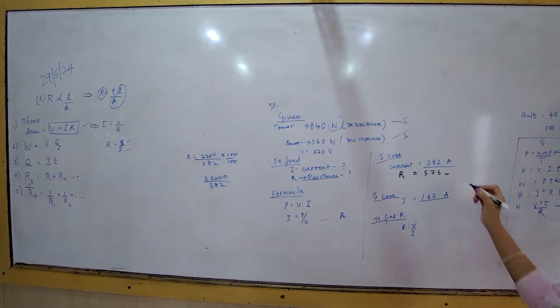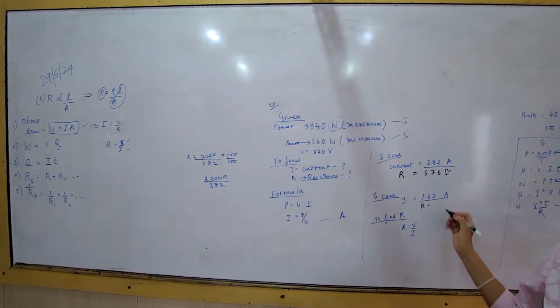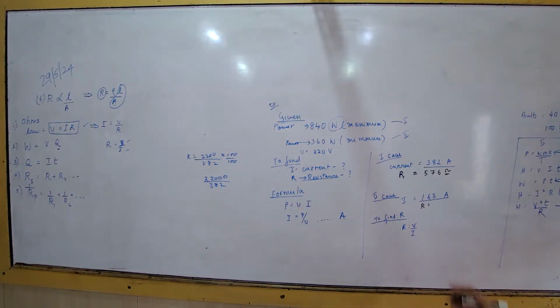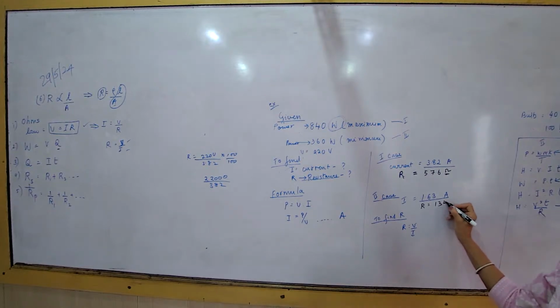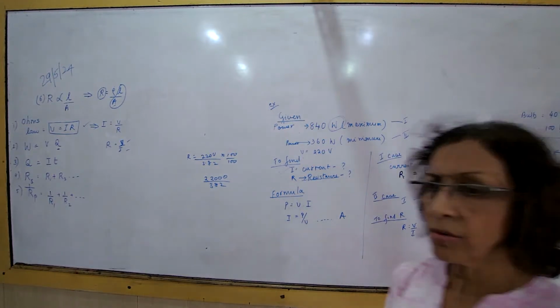And the second one? What is R in the second case? Did you get it as 134? Yes, ma'am, 134. Can I have a look at your working? Done? Very good. So many ohms.